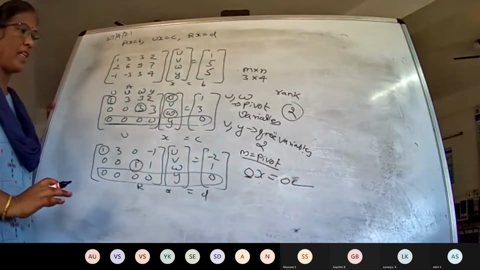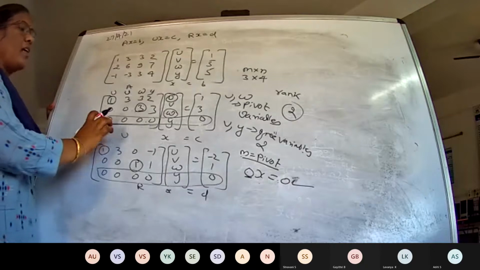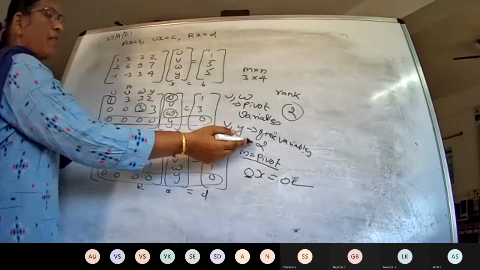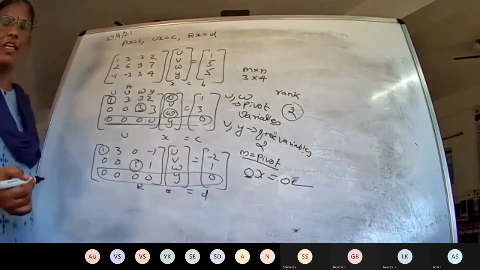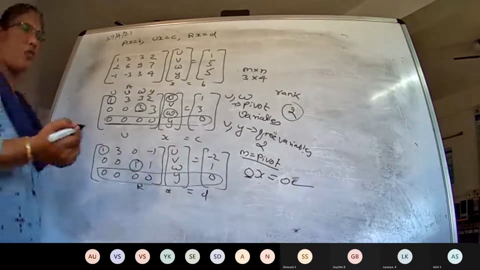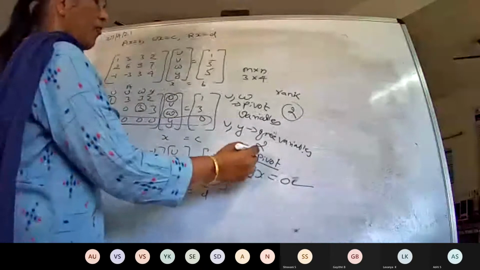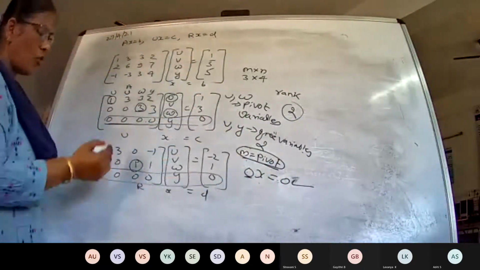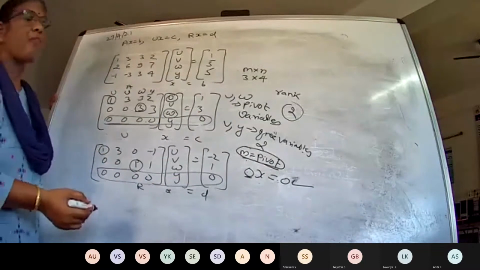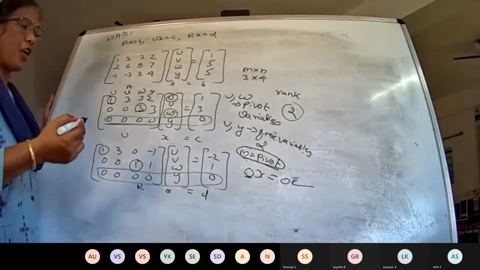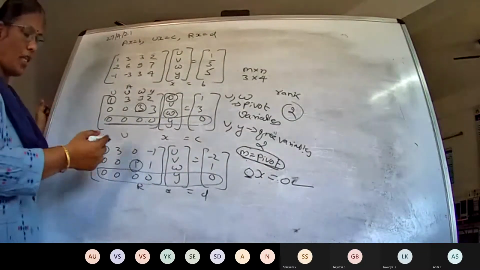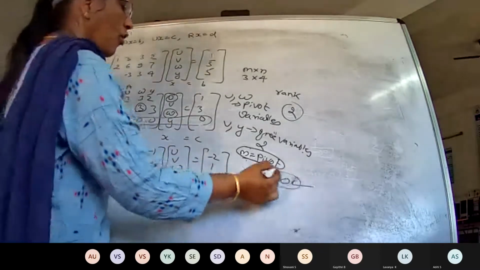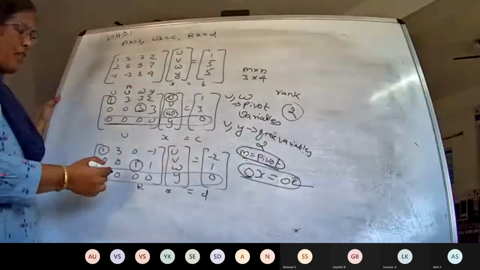This is one criterion. Another criterion is that when you have free variables, you will have infinitely many solutions. If you are not getting any free variables, that is, if your pivot variables are equal to the number of rows, so that in all three rows you are getting a pivot variable and you are not getting any row with 0x = 0, then there are no free variables.